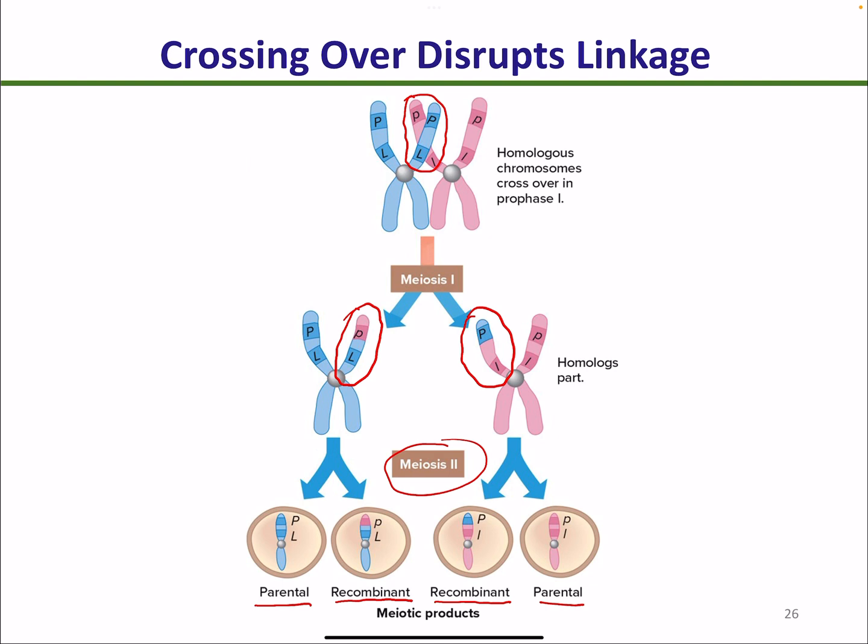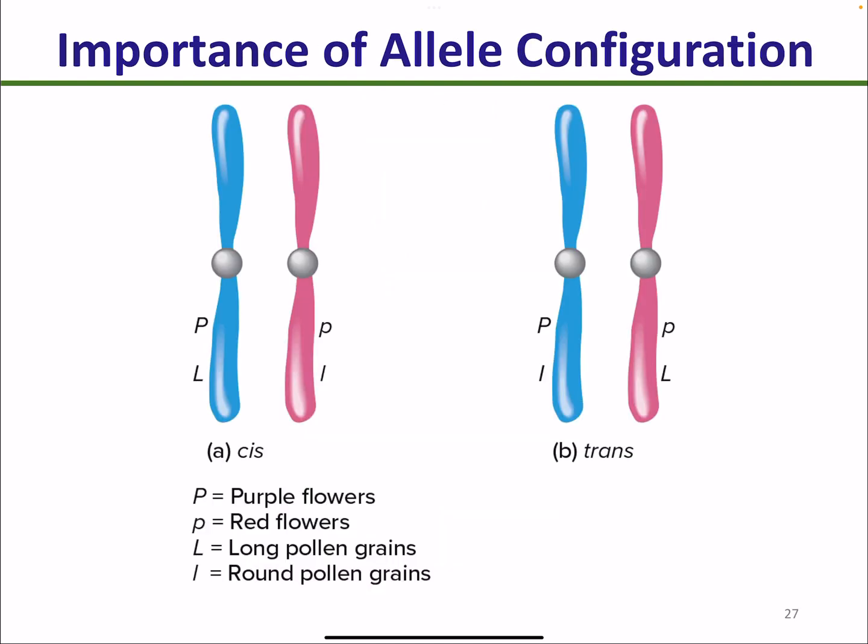And now we are going to dive into this complex aspect. So now, to figure that out, we are going to take a look at how genes appear on chromosomes.